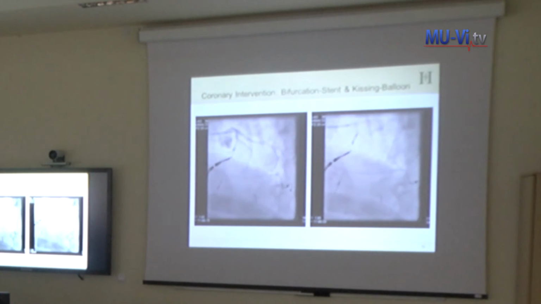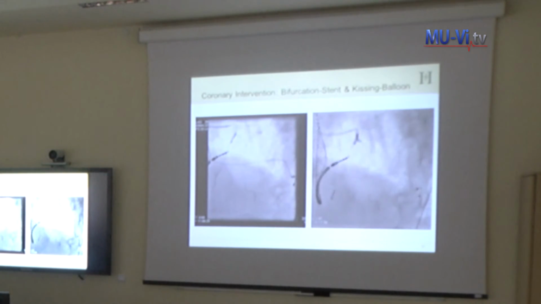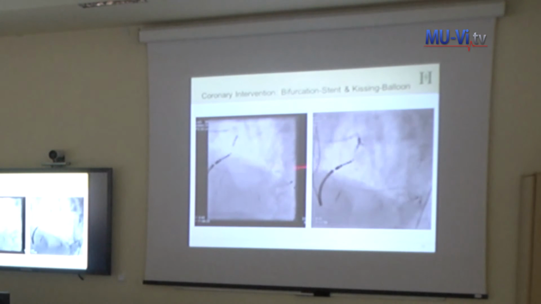The problem was that the proximal LAD and the diagonal branch already had a stent, so we had to go through the struts of the stent, made a pre-dilatation, and afterwards the stenting of this vessel followed, but afterwards we had to make a kissing balloon.